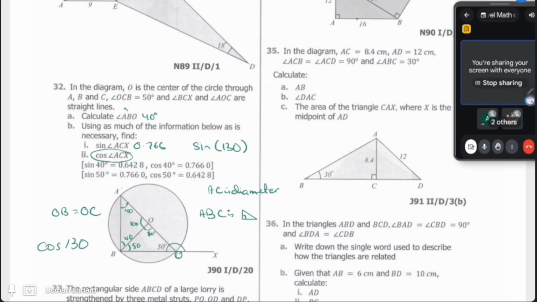You would use cos x is equal to sine 90 minus x.